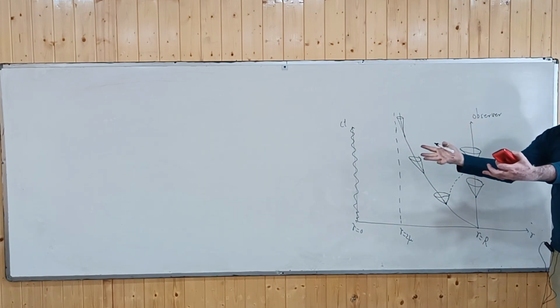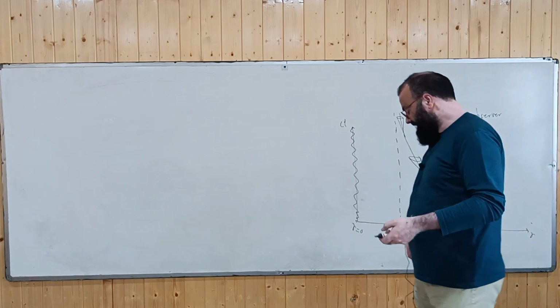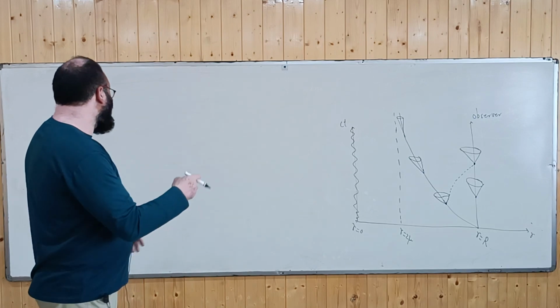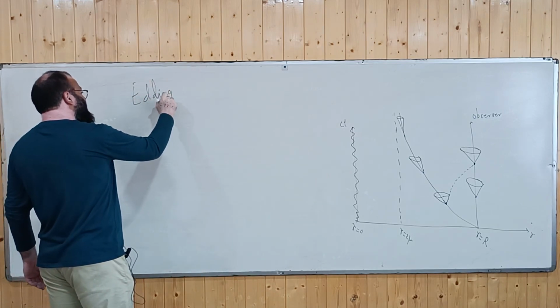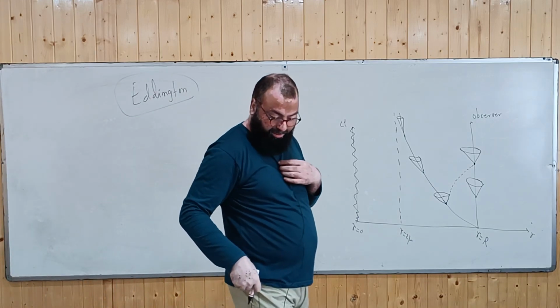What we have done mathematically, we are showing here on a diagram, because diagrams are very useful to understand things. These diagrams are usually known as Eddington diagrams. He is a well-known cosmologist.